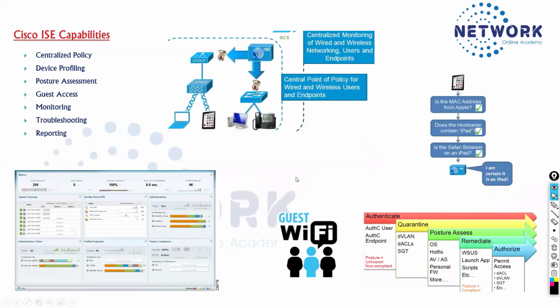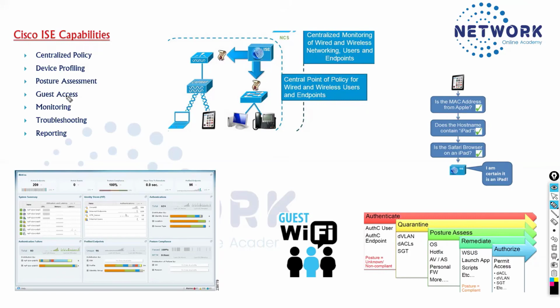So if you talk about the different features Cisco offers you, the first thing Cisco offers you is the centralized policy management or the centralized security policy management, which means everything you can do from a single centralized place. Whether you're trying to do AAA or any kind of profiling, all these features: profiling, posture assessment, guest access, monitoring, troubleshooting, reporting, everything you can do from a single place.